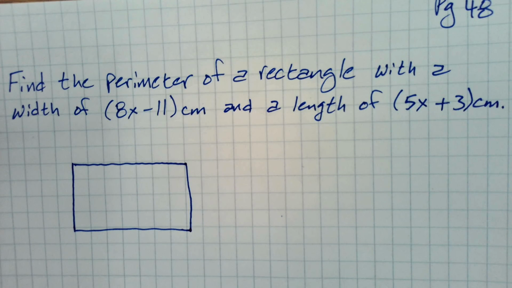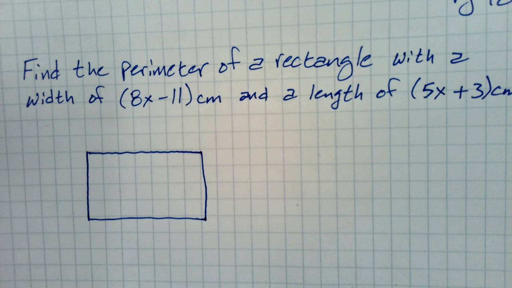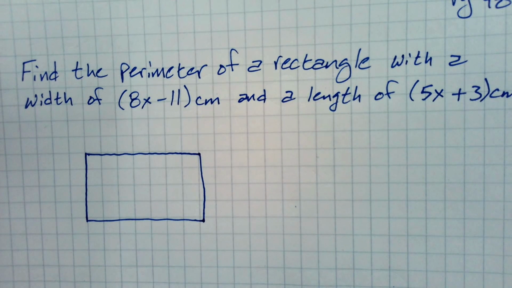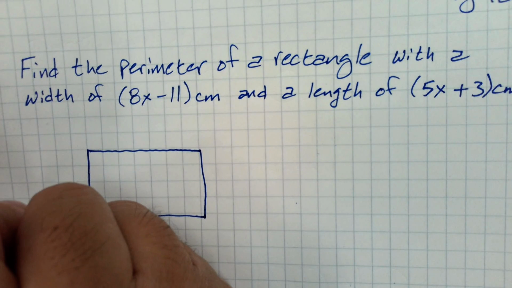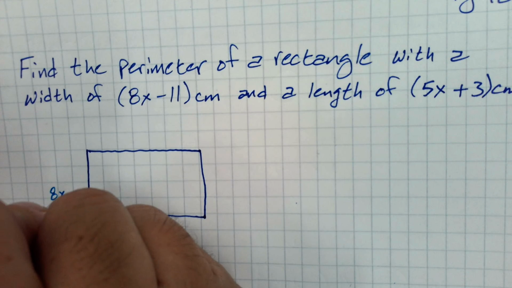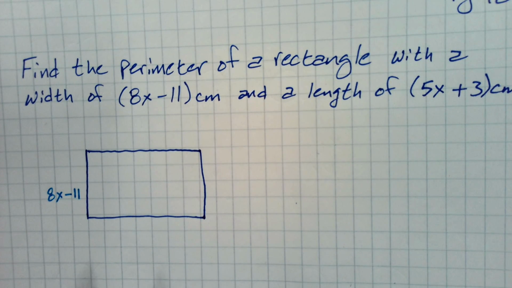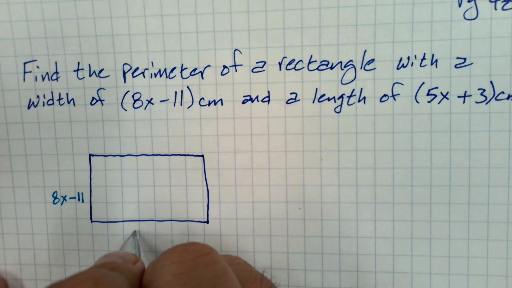So here's my rectangle. And I want to have a width of 8x minus 11. So let's say it's here. So the length would be down here, right? 5x plus 3.